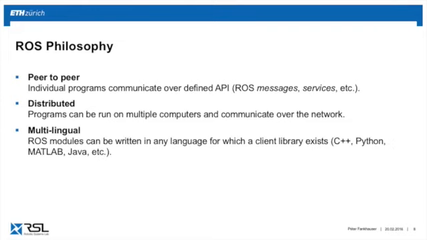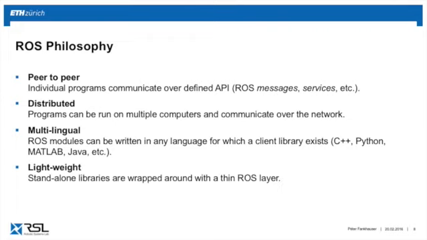It's multilingual, meaning you can use any of the existing languages which provides a ROS client library. We'll mainly work with C++ in this course, but there exist libraries for Python, MATLAB, and Java, and these can be mixed and matched. It's lightweight in the sense that ROS does not provide all the algorithms.